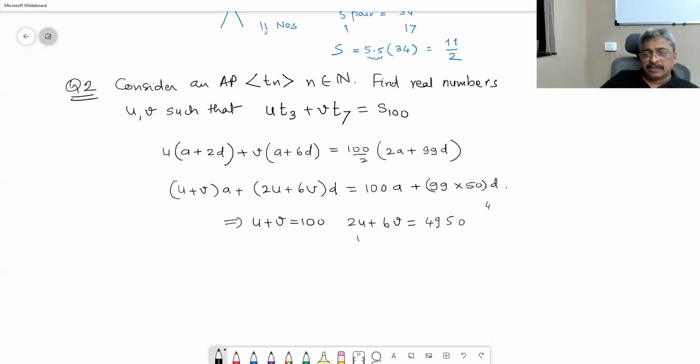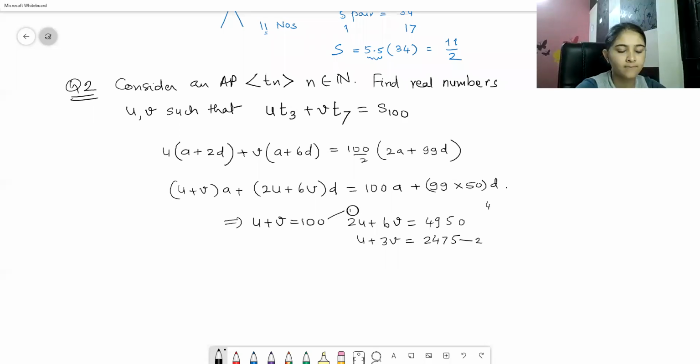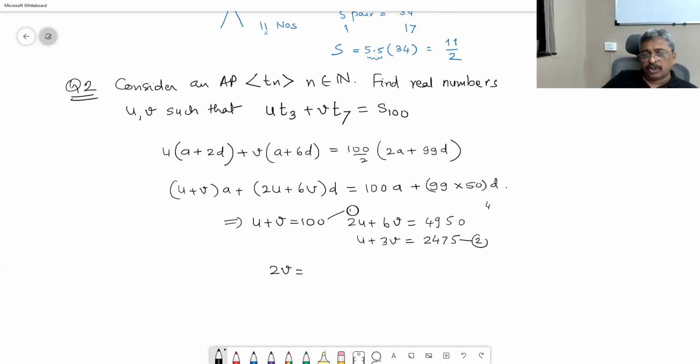Okay, so I can simplify this. U plus 3V is equal to 2 times 8 times 7 times 14 times 5 by 10. Now if I subtract equation 1 from equation 2, I get 2V is equal to 2475 minus 100, which is 2375.